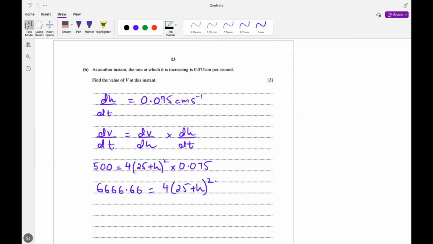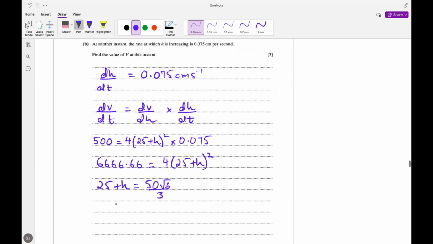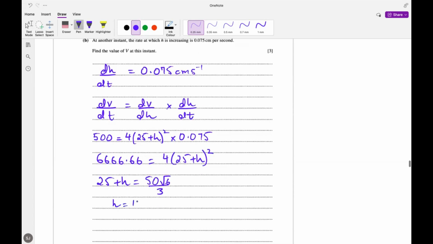Dividing this by 4 and then taking the square root, 25 + h will be equal to 50√6/3, and then subtracting 25 from the answer, the final value of h is 15.824.